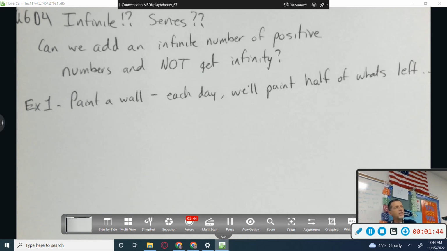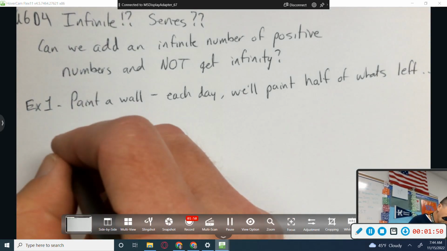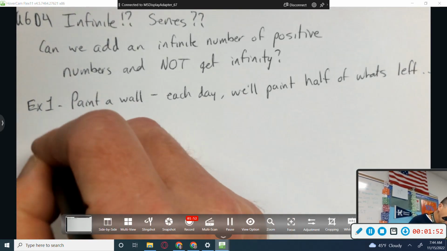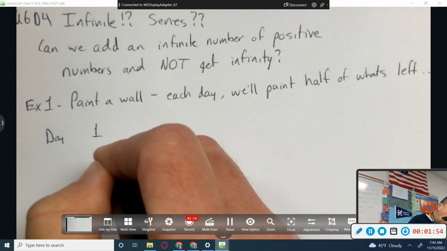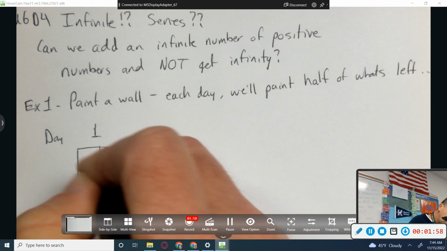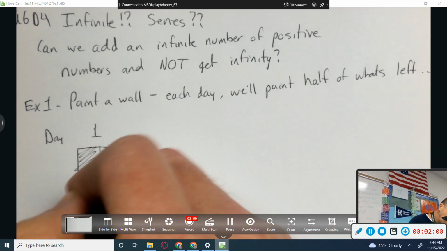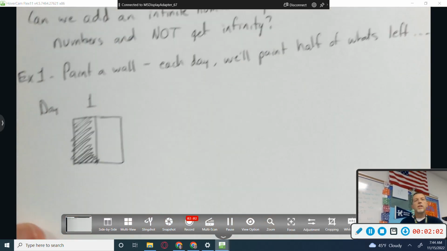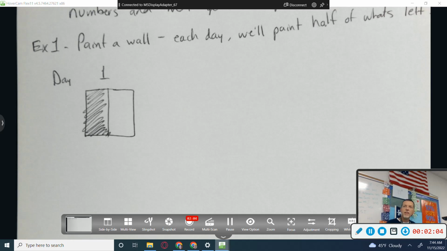All right, we start out fired up. We paint half the wall on day one. In fact, let's draw some pictures here. So at the end of day one, we painted half the wall. Why don't we just paint the whole wall? I don't know. It's a math problem, so work with me here.